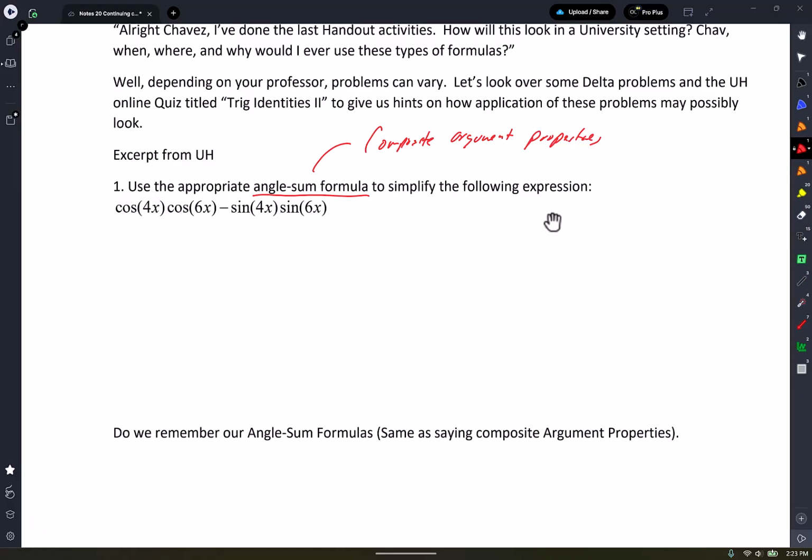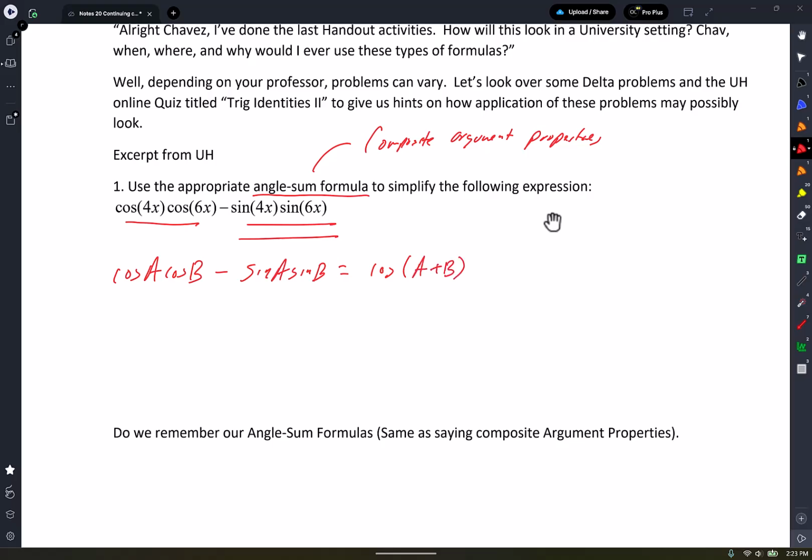Does that look familiar to something that we've seen in a formula somewhere? Yeah, this looks similar to this, guys. Cosine A cosine B minus sine A sine B. And that is the same thing as, do you guys remember? Cosine A plus B. See?